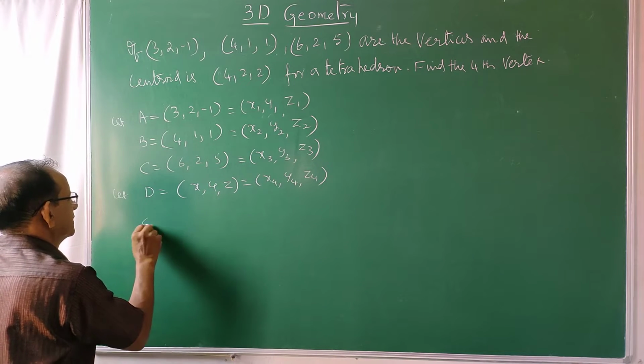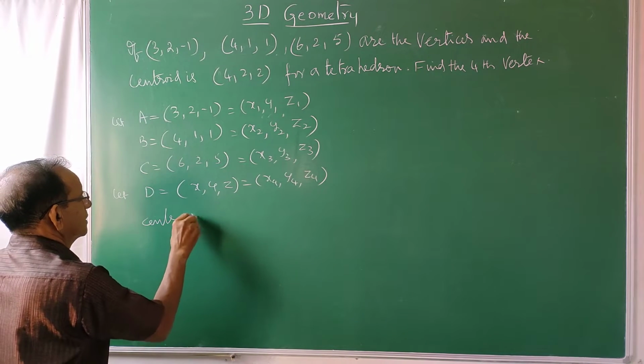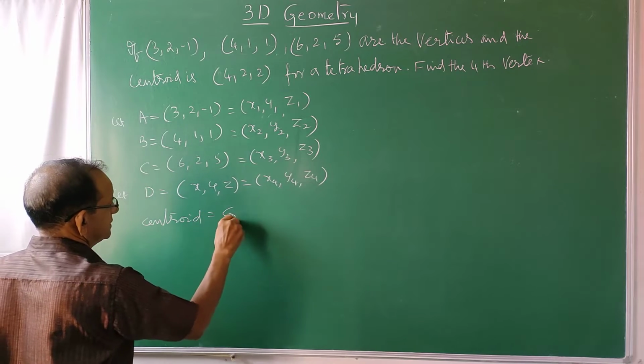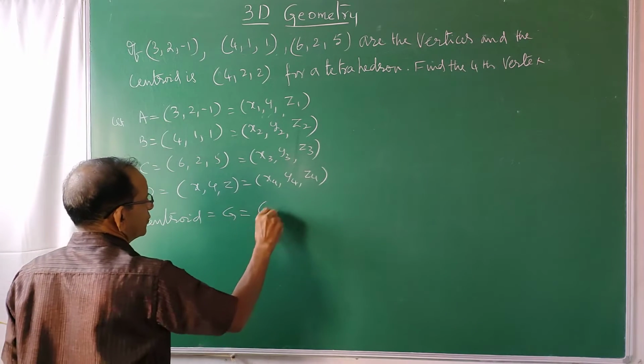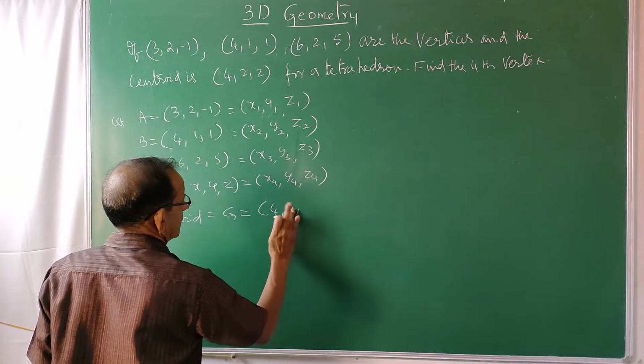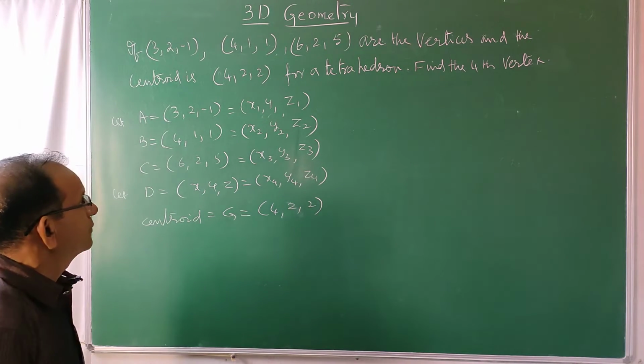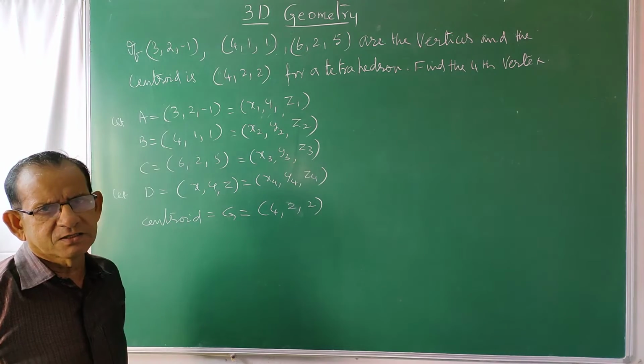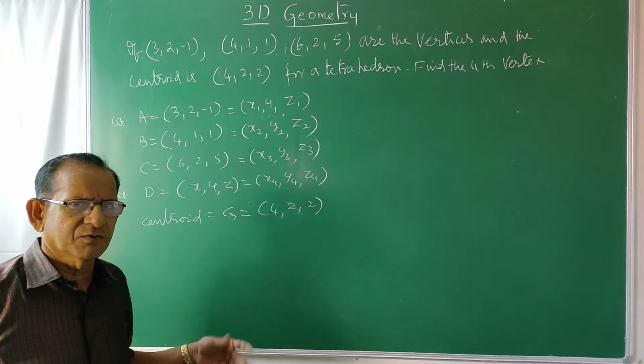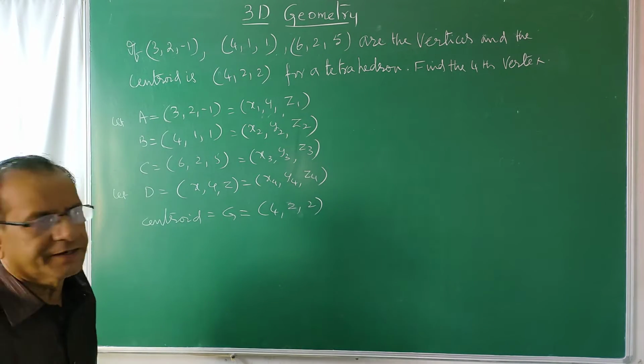Centroid G is given as 4, 2, 2. Now we know the formula for centroid as x1 plus x2 plus x3 plus x4 by 4, like that y and z coordinates.